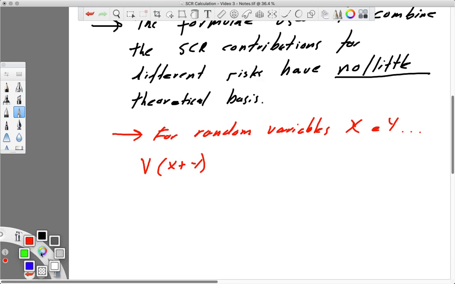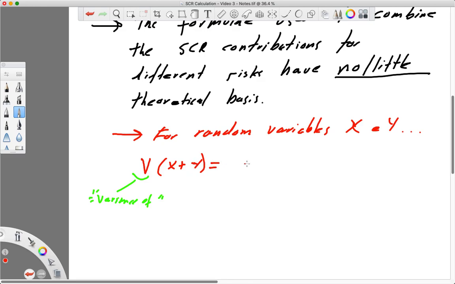In this case, V means variance of rather than value of. So I appreciate I've used V for different things in the past.